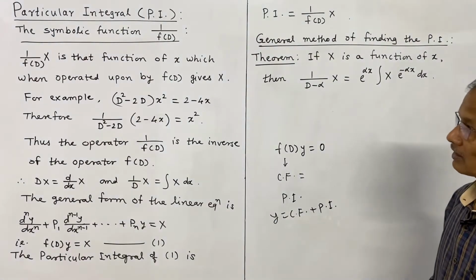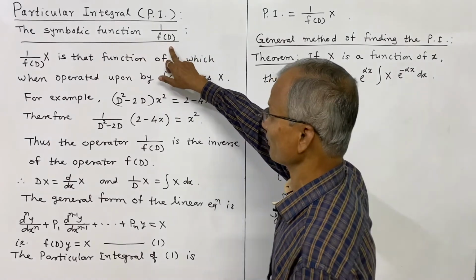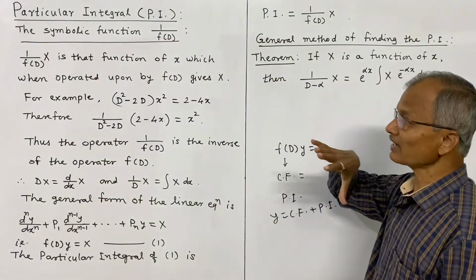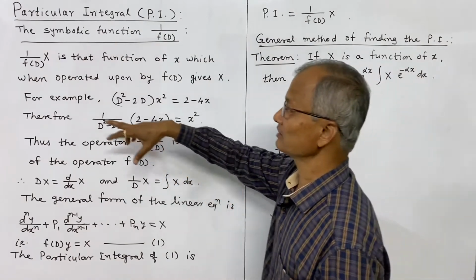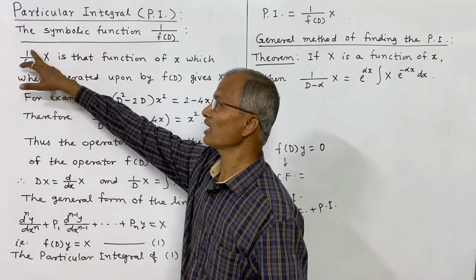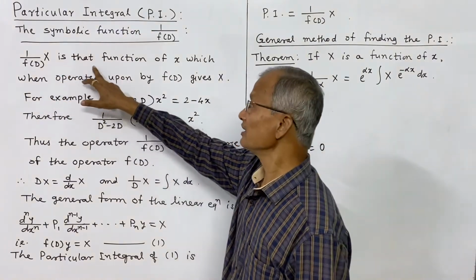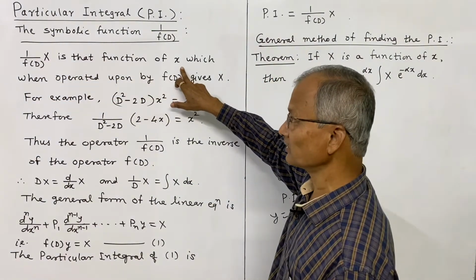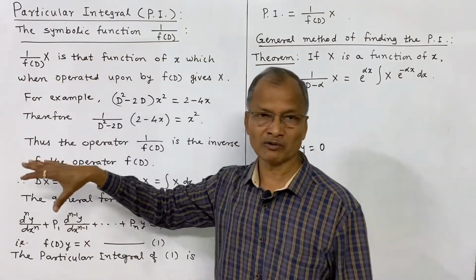Before that, we shall see what is the meaning of this symbolic function 1 upon f of D. It is actually an operator, and we should write it as 1 upon f of D operated on X. Capital X is a function of x, and D stands for derivative with respect to x.